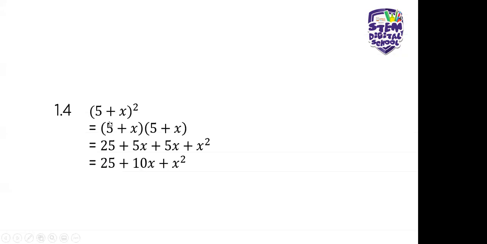Thereafter you are done with your 5, you go to x in the first bracket. You take this x and multiply it by 5. x times 5 will give you 5x. In the same way, you take the x and multiply it by the x, which will give you x squared.